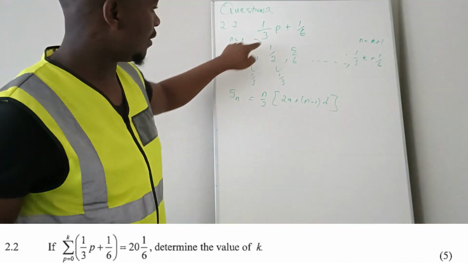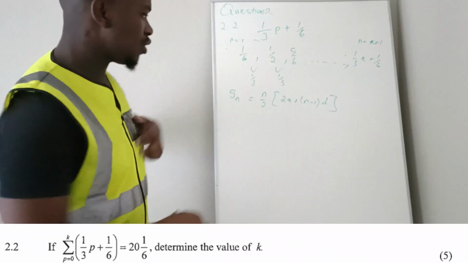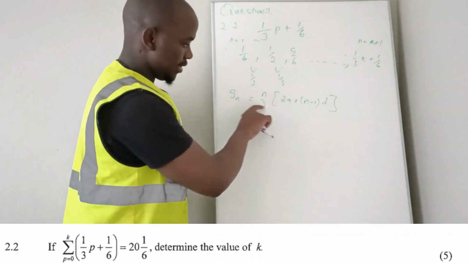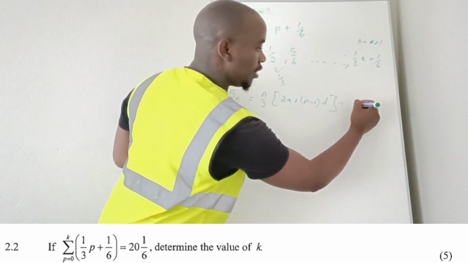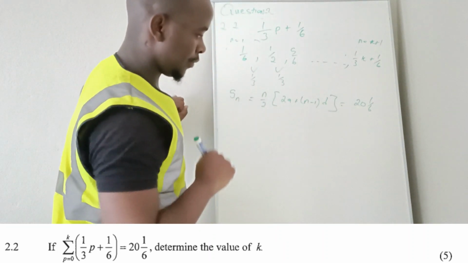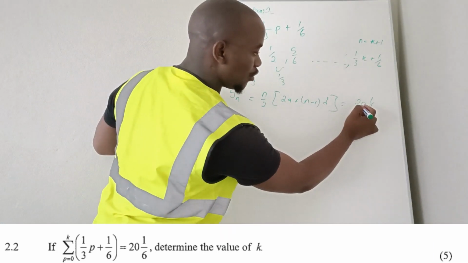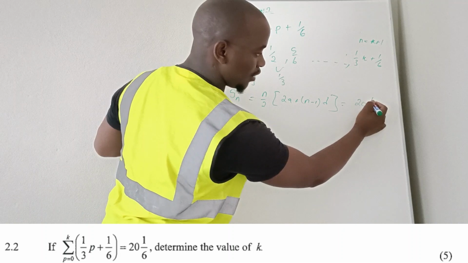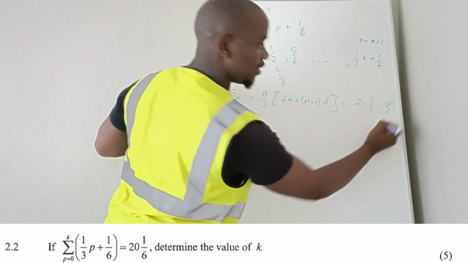So this is n equals 1, n equals 2, up to n equals k plus 1. If we sum those values, we are going to get 21 over 6. And this can also be written as 6 times 20, which is 120, plus 1. So this is the same as 121 over 6.